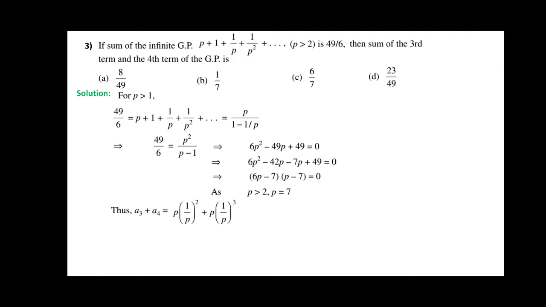Therefore that will be 1 by P plus 1 by P squared. So we have 1 by 7 plus 1 by 49, because the value of P is 7. Now by adding these two, 49 is the LCM, so multiply 7 to the numerator of the first term. Therefore 7 plus 1 is 8. 8 by 49 is the answer. Therefore the right option is A.